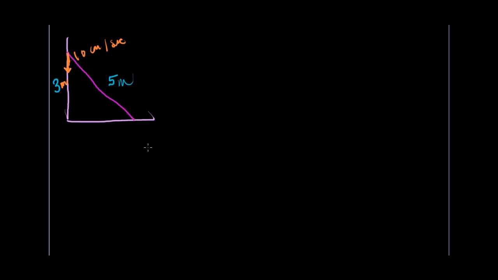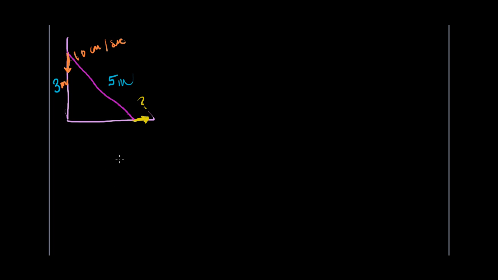Okay, and they're asking us for this velocity here. So what is that velocity going to be? They are asking us the velocity at this moment only, because it's going to change later on.